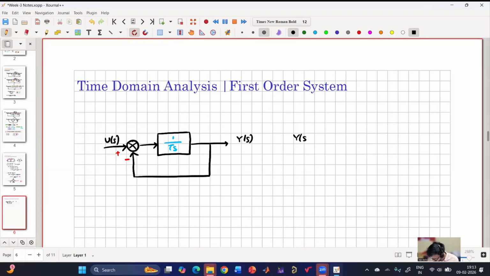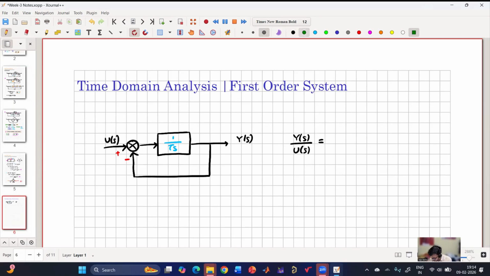If we solve for this, this is a unity negative feedback system. One by 1 plus tau s.